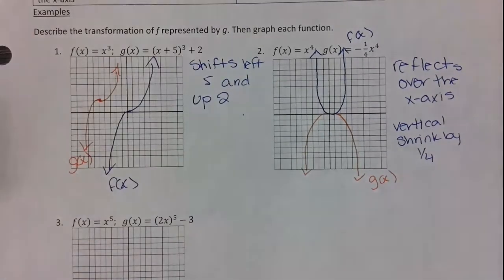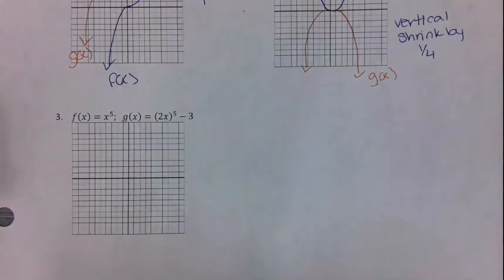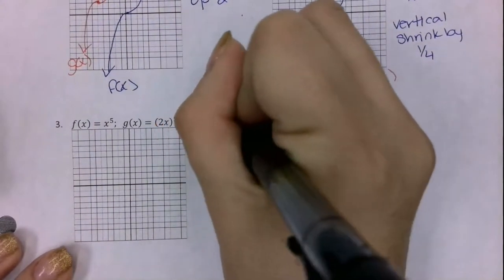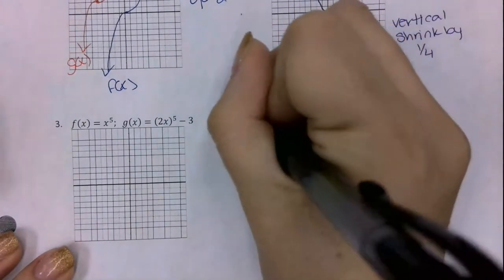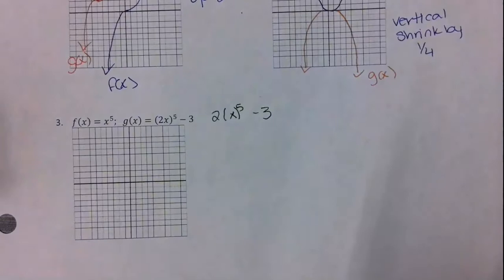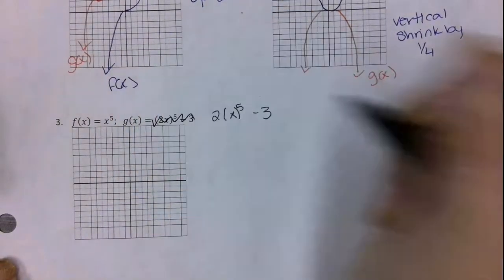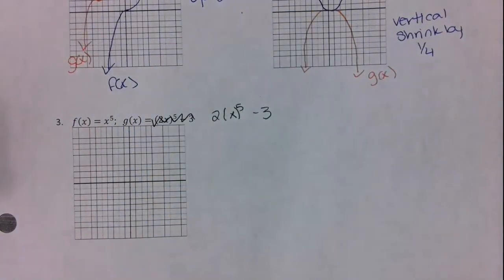Okay. Number 3, I have a typo. It should be 2 parentheses x to the 5th minus 3. Okay, so then what are my transformations here?